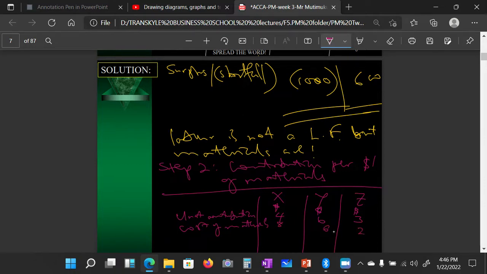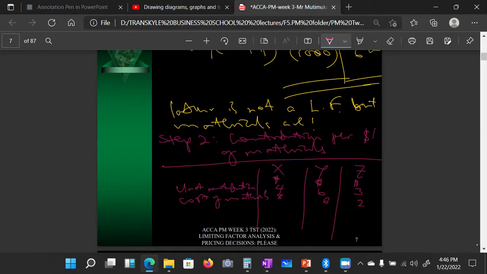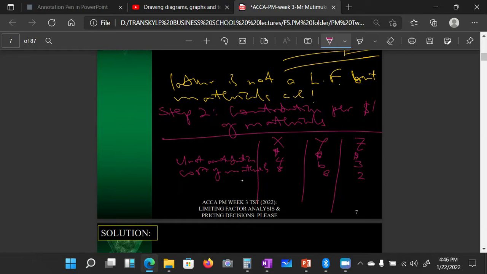Why have we selected the cost of materials? Because materials have been determined to be the scarce resource, the limiting factor.